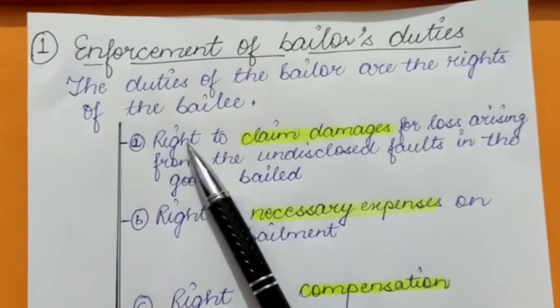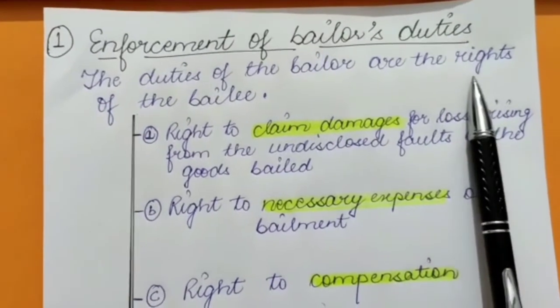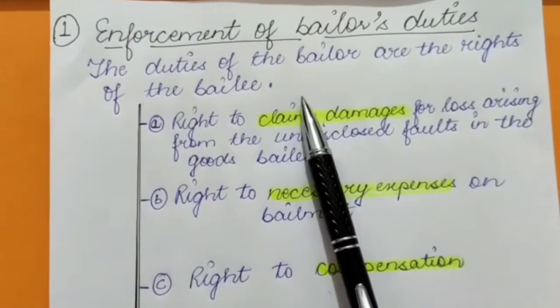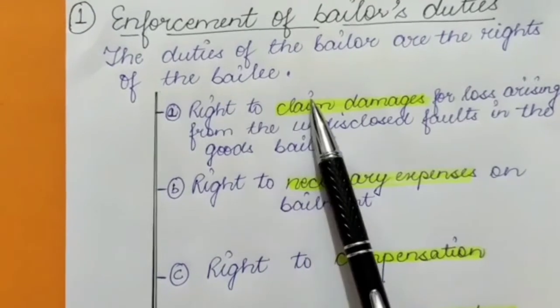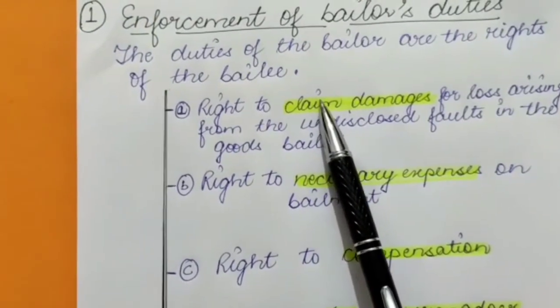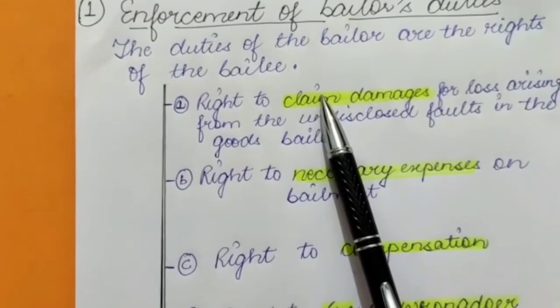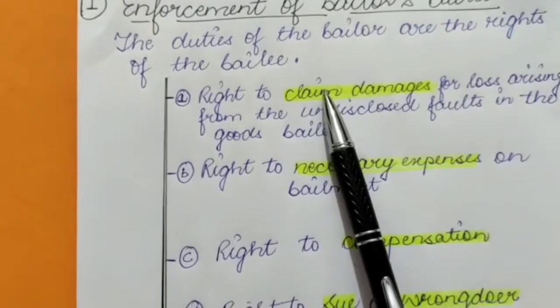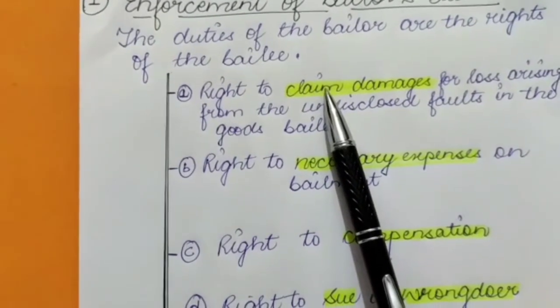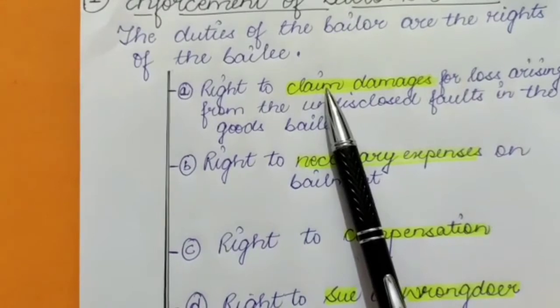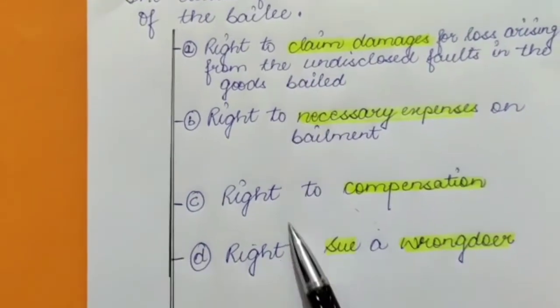So, first is enforcement of the bailor's duties. The duties of the bailor are the rights of the bailee. Always remember that. Duties of the bailor are the rights of the bailee, and duties of the bailee are the rights of the bailor. So, if one has the duty, then the other has the right. There are 4 rights here.